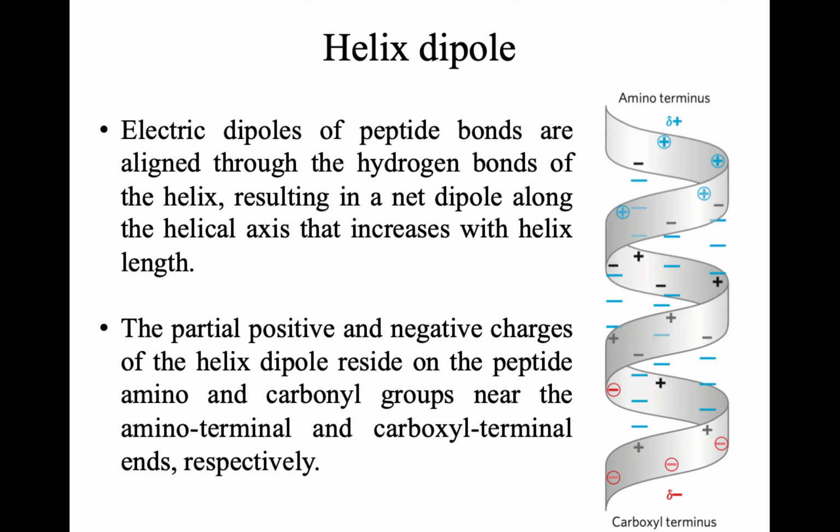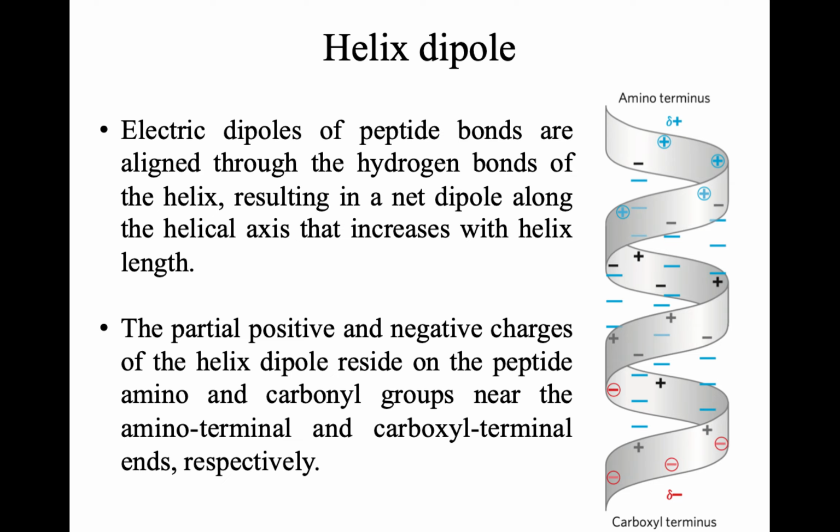Because of this, the peptide bond acts as an electric dipole. The electric dipoles of the peptide bonds are aligned through the hydrogen bonds of the helix, resulting in a net dipole along the helical axis.